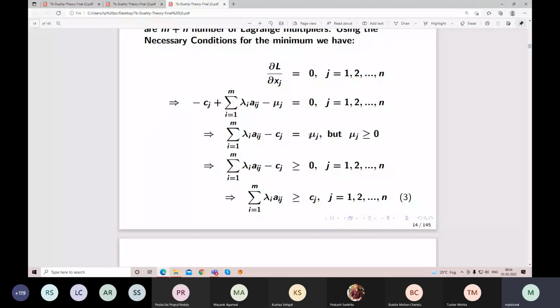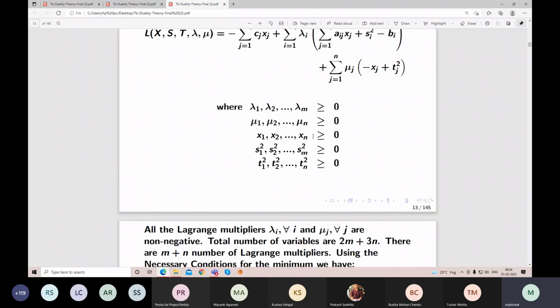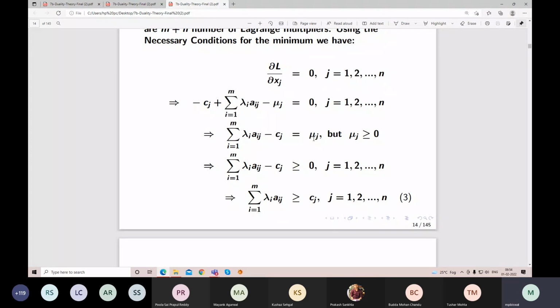But this mu j, we have already declared: mu1, mu2 up to mu_n, they are mu j, non-negative, zero or positive. So since they are non-negative, this equation now becomes an inequation: summation over I varies from 1 to m of lambda I into aij minus cj greater than or equal to 0.